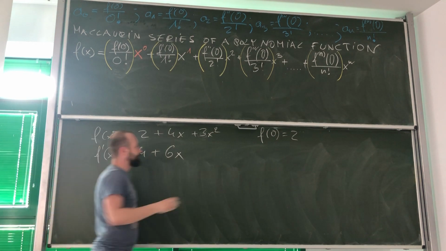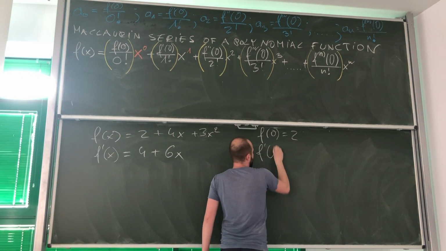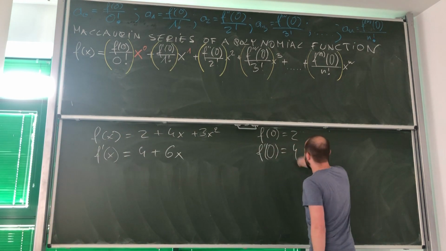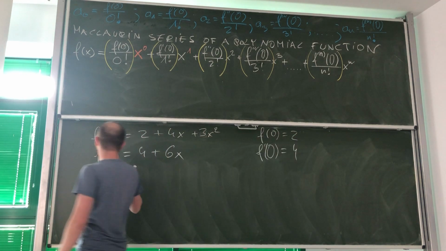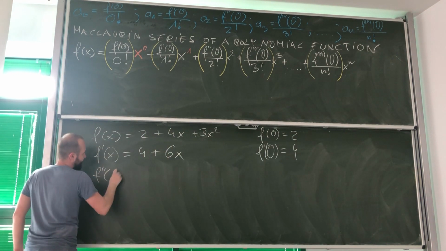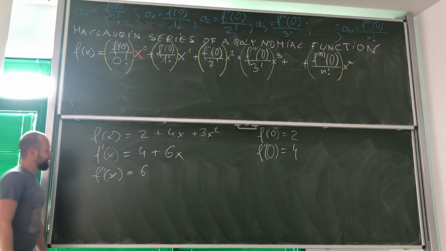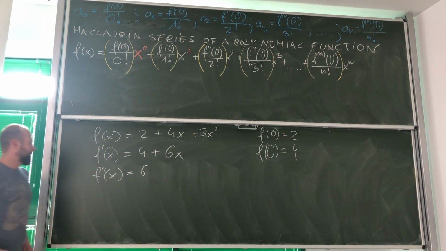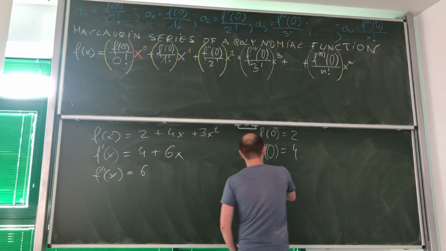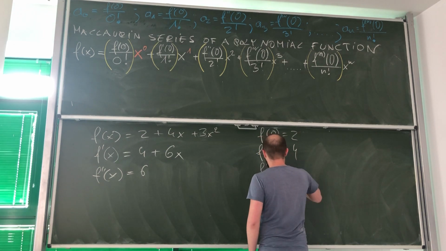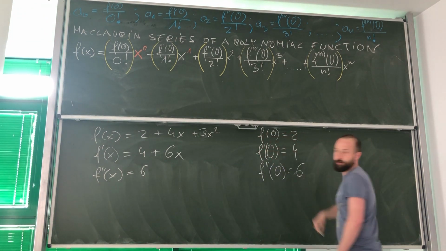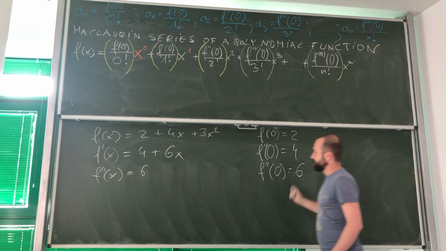I evaluate it at 0. This is 4. Then I calculate the second derivative, and I evaluate it at 0, which gives me 6.